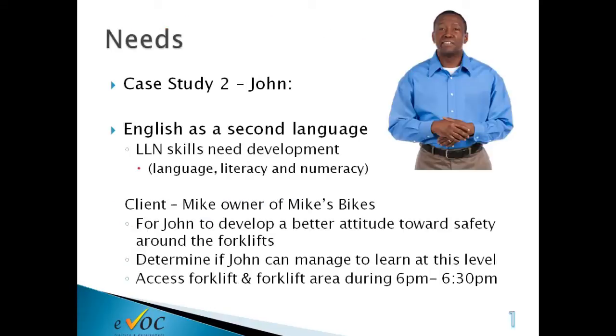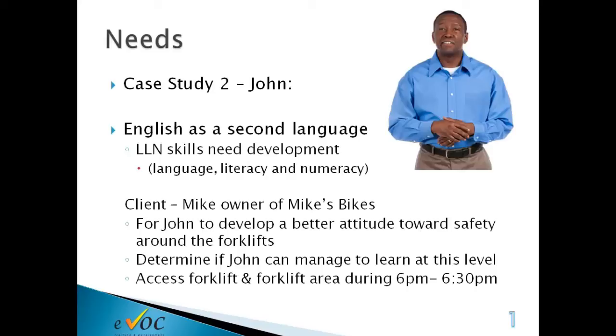So John works for Mike's Bikes. Quick little bit of revision here for some of you doing your qualification currently. Now Mike has instigated the enrolment, so that's already an indicator for a small-sized registered training organisation.